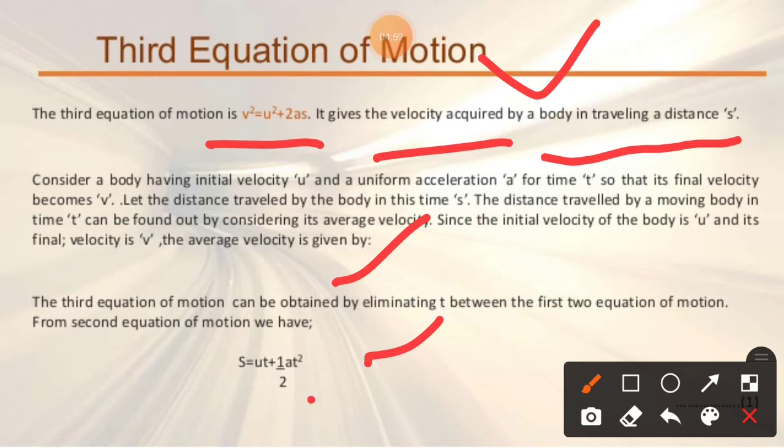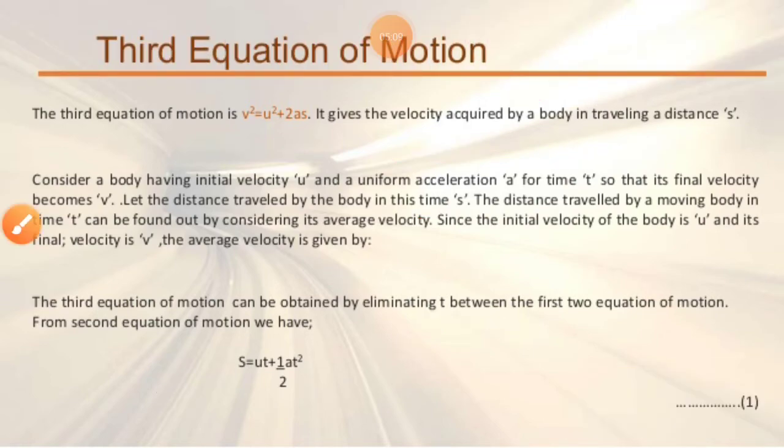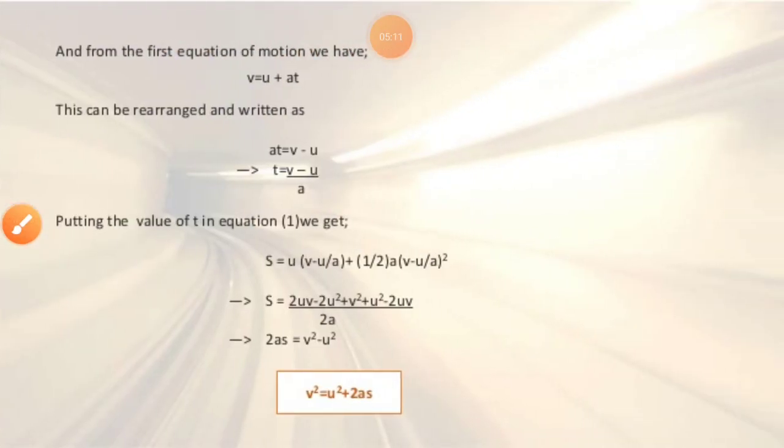According to the second equation of motion, s = ut + (1/2)at², and from the first equation of motion we have v = u + at.